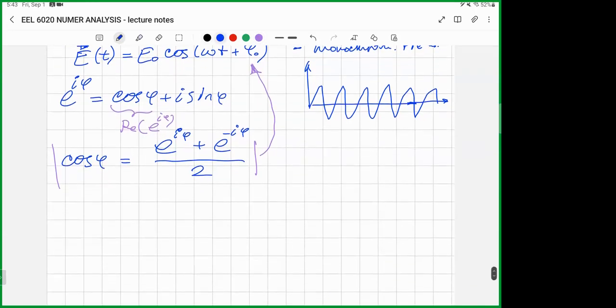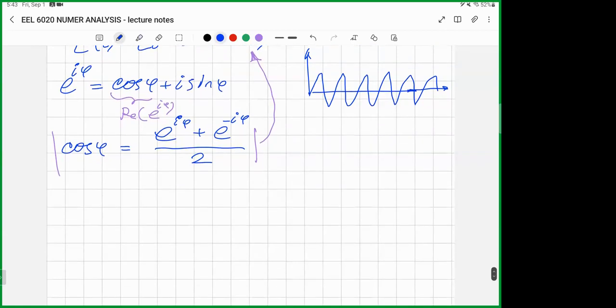And what do I get? I would get E of t equal to 1 over 2 E sub 0 e to the power of I omega t plus phi sub 0, plus basically the same.